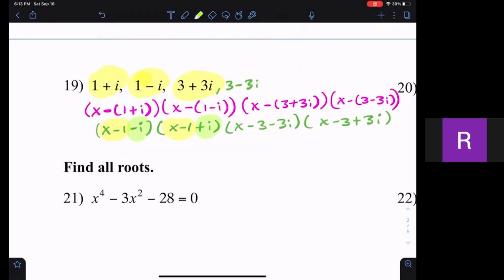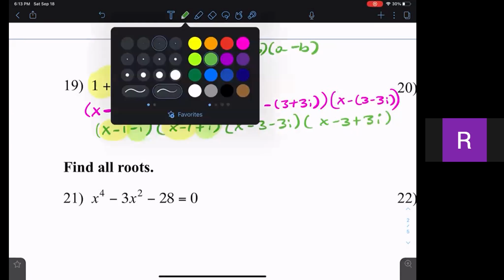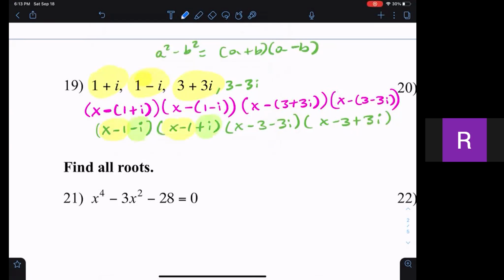So these are the difference of squares. What I'm saying is this becomes this. So basically, I need to go from right to left. So this is x minus 1 squared minus i to the second power.